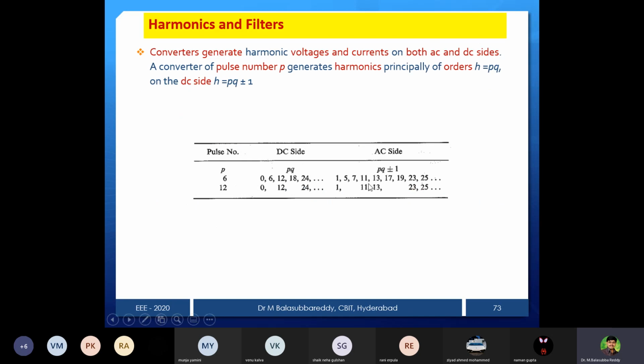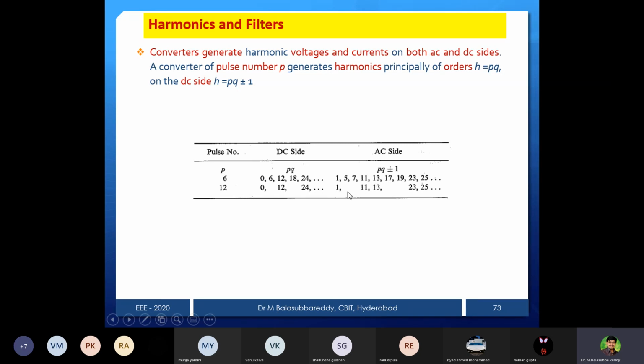As I mentioned, once I increase the pulse number, the order of the harmonic automatically changes. For the DC side, 6, 12, 18, 24, whereas in the 12 pulse converter it starts at 12 and 24; the 6 and 18 are automatically suppressed. Same thing on the AC side also. We can notice 1, 5, 7, 11.